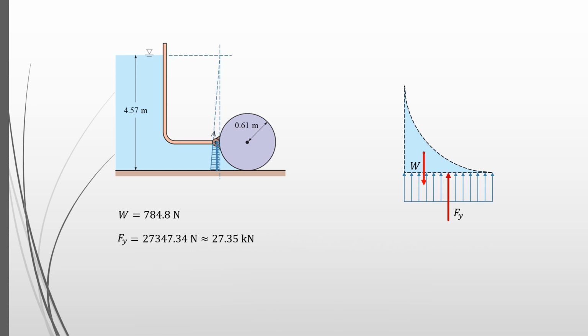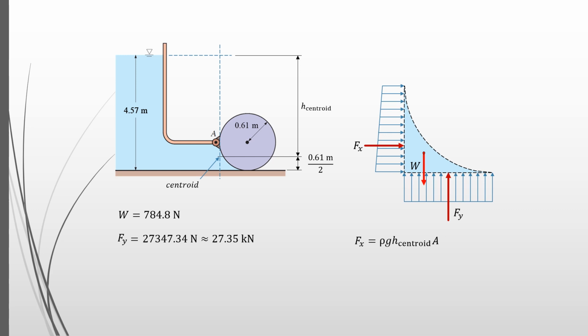Now let's consider the vertical surface of the fluid block. The resultant force Fx equals ρ times g times h centroid times A, where the centroid is in the middle of the vertical surface. It equals 4.265 meters.